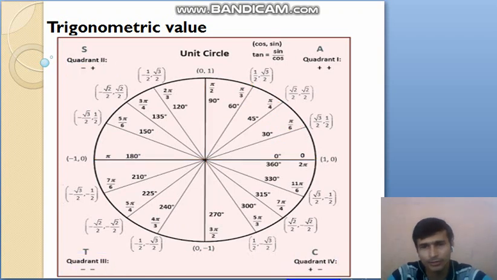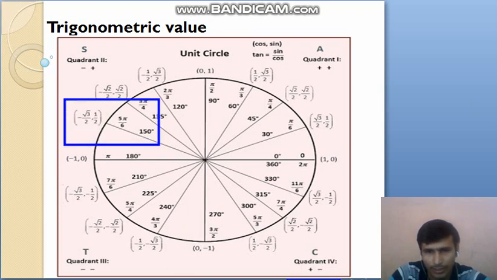So from this unit circle, you can find all the values of trigonometric functions. For example, if you want to find the value of cos 150, look at the angle 150, right? And cos means the x coordinate. So cos 150 is minus root 3 by 2.